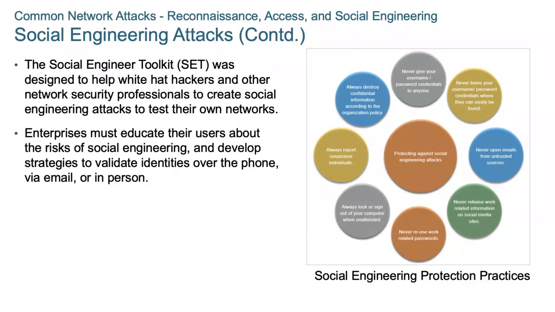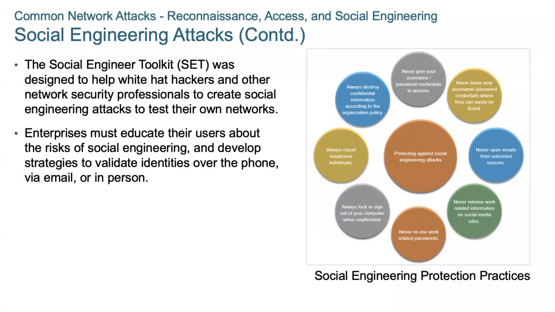So the enterprises must educate their users about the risk of social engineering and develop some strategies to validate identities over the phone, via email, or in person. In the recommended social engineering protection practice, you can find here: never give your username or password credentials to anyone.